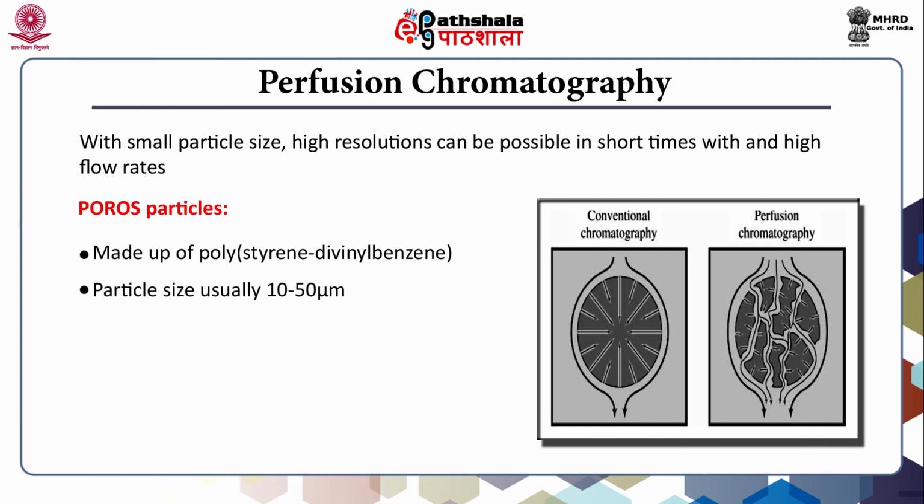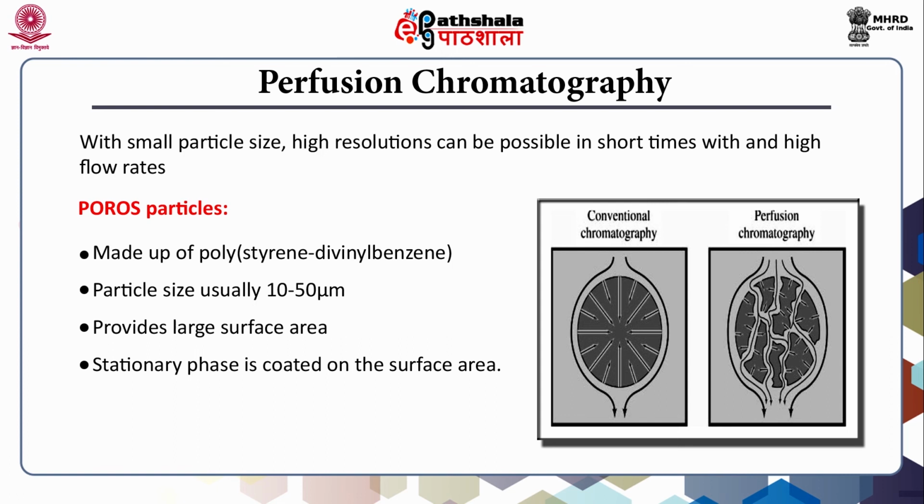These particles usually have a size of 10 to 50 micrometer, and the surface area is large due to pores, in which the stationary phase is located. This kind of chromatography can be performed by normal HPLC instruments.